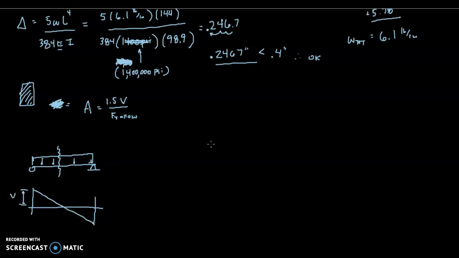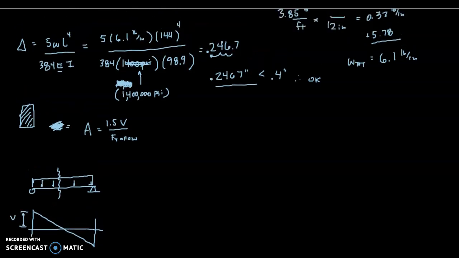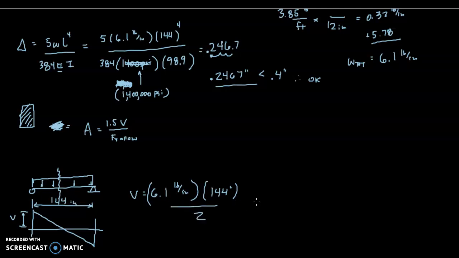So what would that be? Well, let me scroll back up here a little bit. Our distributed load is 6.1 pounds per inch. So we've got 6.1 pounds per inch multiplied by 144 inches, which is the span of the beam, and then divide that by 2.